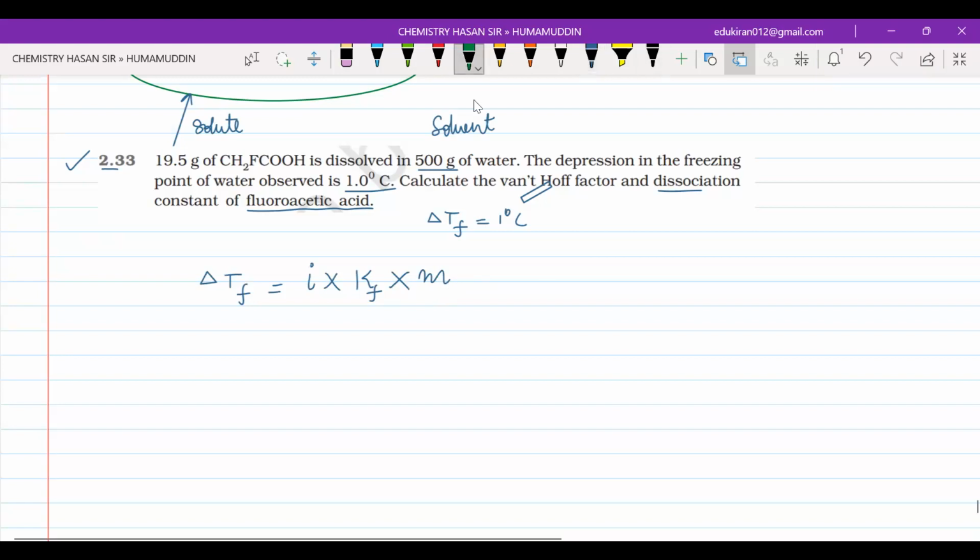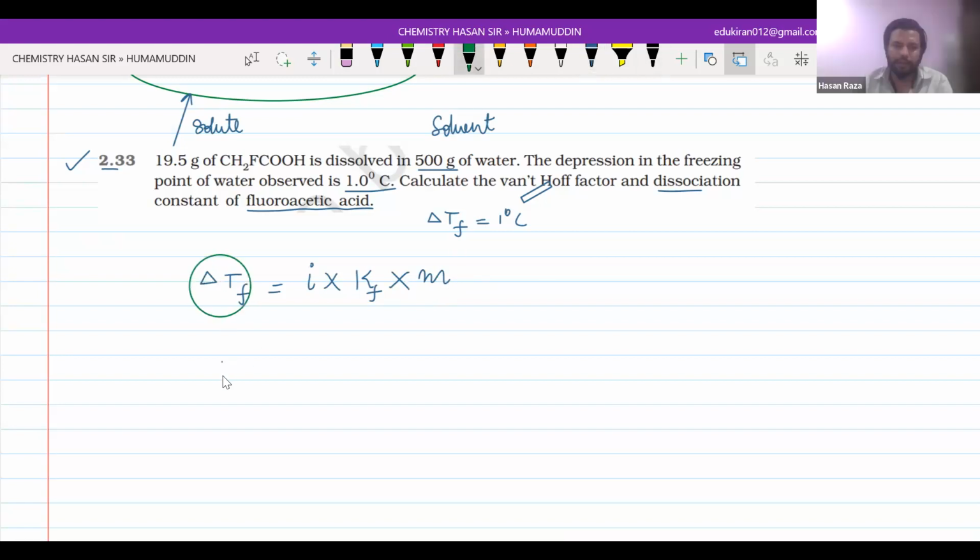Now see what you need to do. It's very simple. Delta TF is given as 1. And i we need to calculate. KF should be given, but in this question, KF is not given. But KF for water, we know that it has a value 1.86 Kelvin kg per mole.